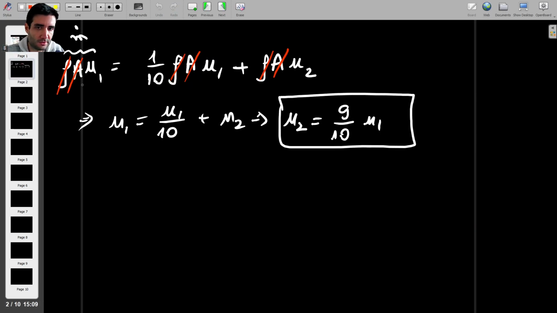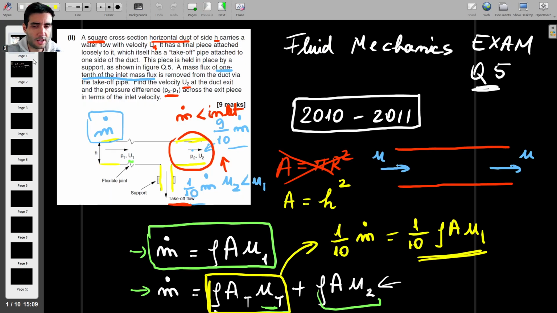So now that we found U2 in terms of U1, let's actually think about how we can find some relationship between the pressure at 1 and the pressure at 2. And again, this is quite easy to do, because if you consider a streamline that passes from point 1 to point 2, and when I say streamline in the context of first year fluid mechanics, you should think about Bernoulli.